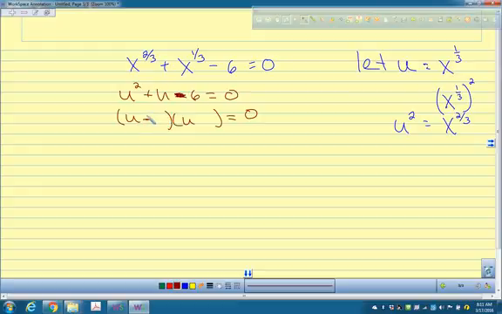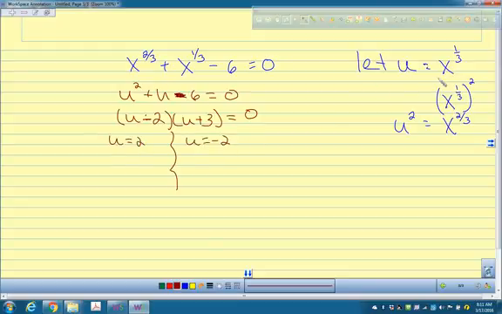Which one's positive, which one's negative? Negative 2 and positive 3, okay? That means that either u equals 2 or u equals negative 3.